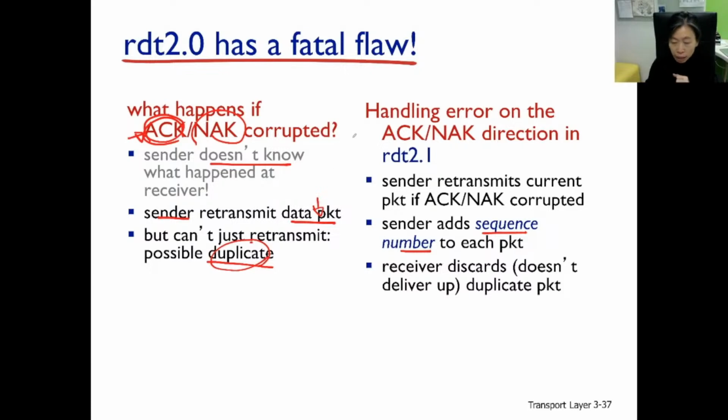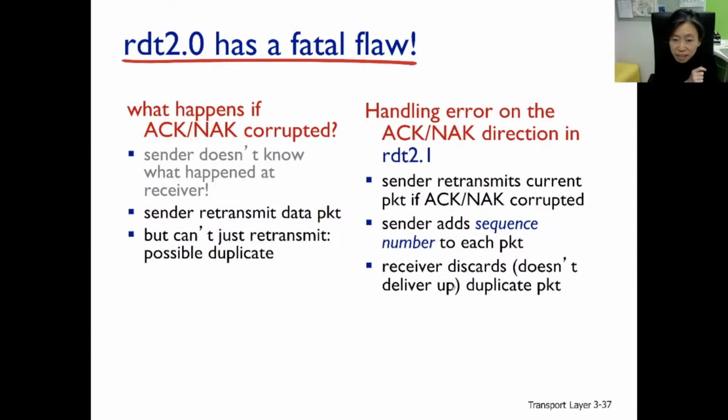So, as in RDT 2.0, the sender will just retransmit the current packet in case the feedback is corrupted. But the packet carries a sequence number that allows the receiver to tell whether this is a duplicate or not. In case the receiver detects a duplicate, it would discard the duplicated packet. And this is RDT 2.1.